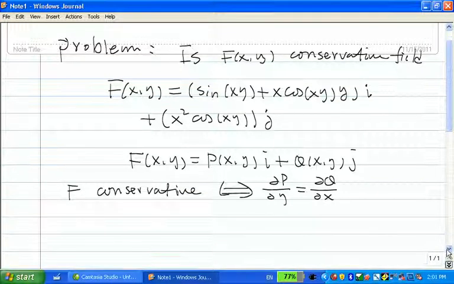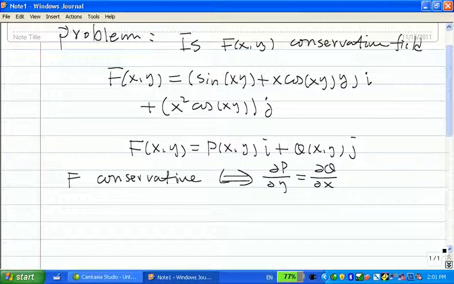So by the theorem, to tell whether the given vector field F is conservative or not, what do you need to do? Check this equation.